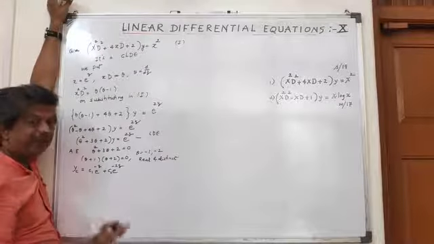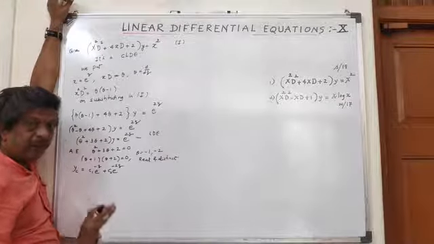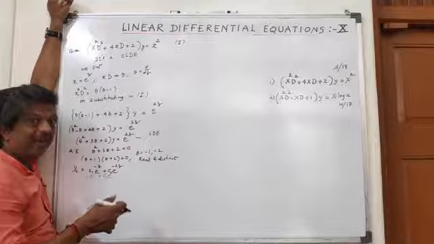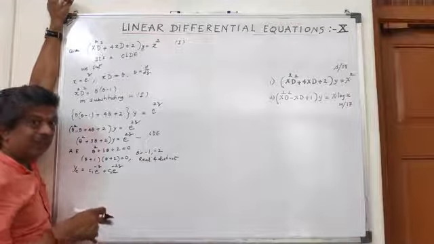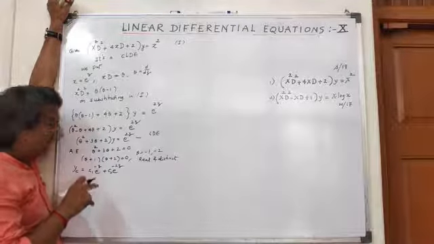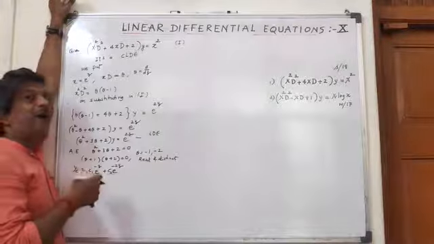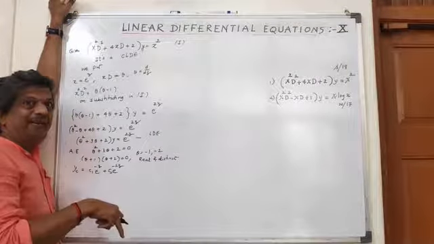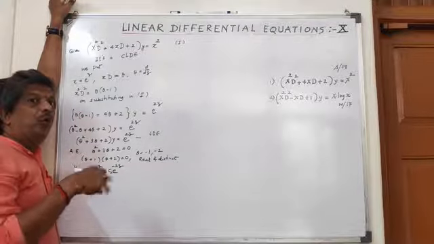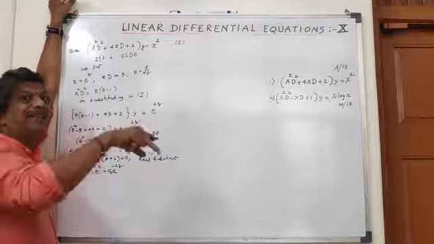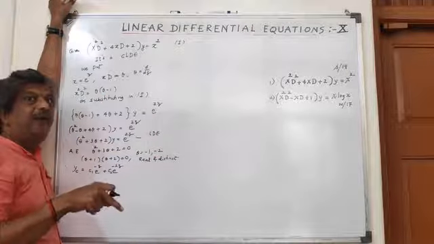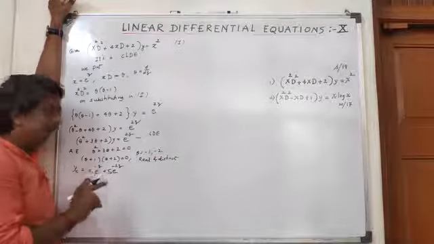Here the point to be noted is that the expression is in theta, and theta was d by dz. That is why I have written the complementary function as c1 e raised to power minus z. In case of capital D, we used to write c1 e raised to power minus x, because capital D was d by dx, whereas theta is d by dz.